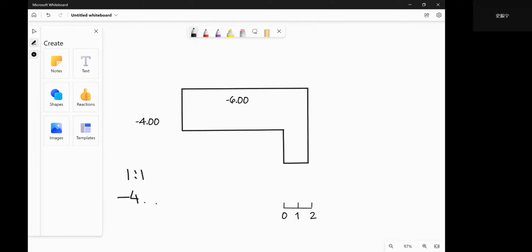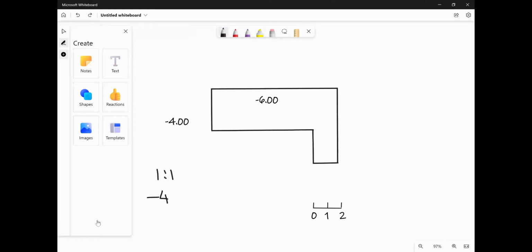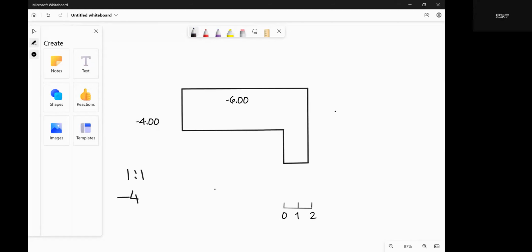Lakshya, it's 2 to 1. Lakshya, the slope is 2:1. I don't know. Okay, you can tap to me.